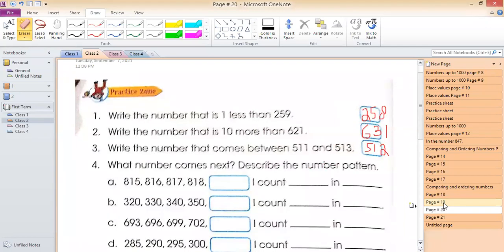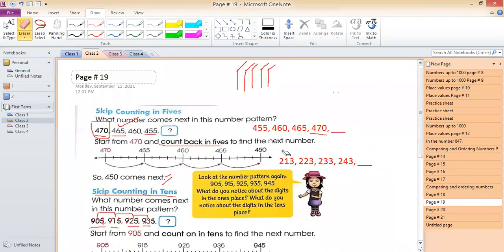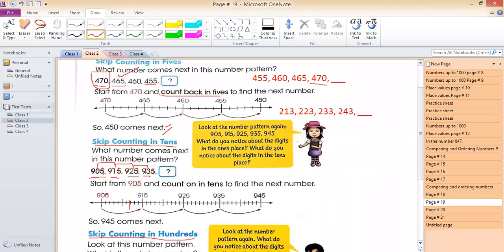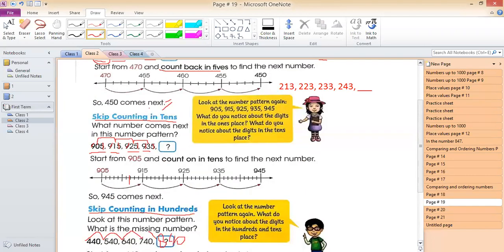In the 2 minutes, we will revise what we have learned. Now you can skip count in fives, you can skip count in tens, you can skip count in hundreds. Guys, for skip counting in ones, twos, threes, fours and fives, you can use drawing lines, you can use your fingers. And I will tell you the technique for skip counting in tens and hundreds.